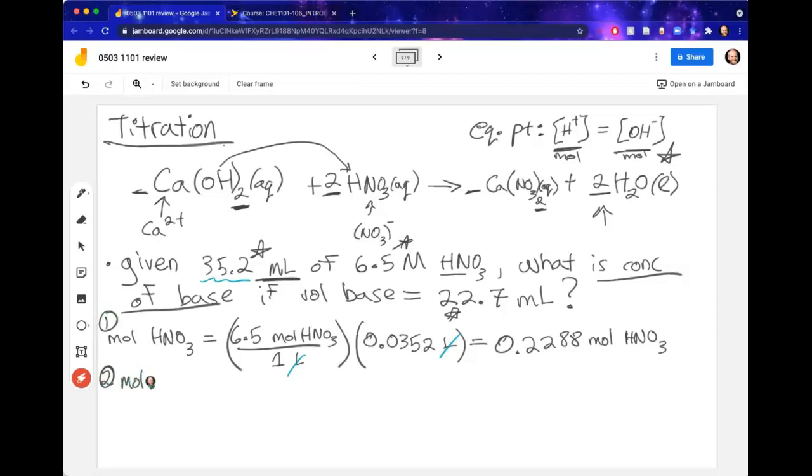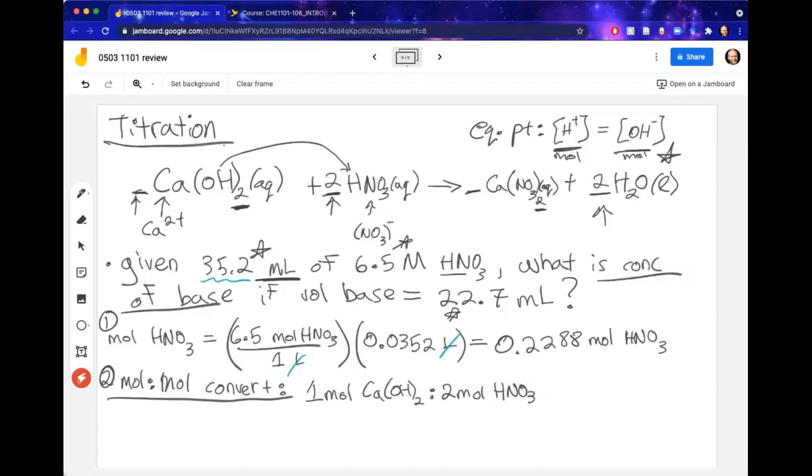Now we're going to use the mole to mole ratio to convert acid to base. So in this case, I've got 2 moles of my acid proportional to 1 mole of my base. And why are we equating these things again?